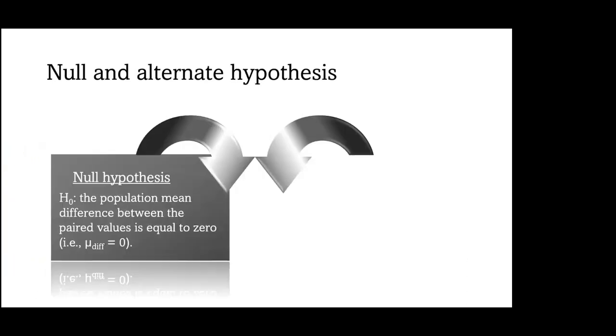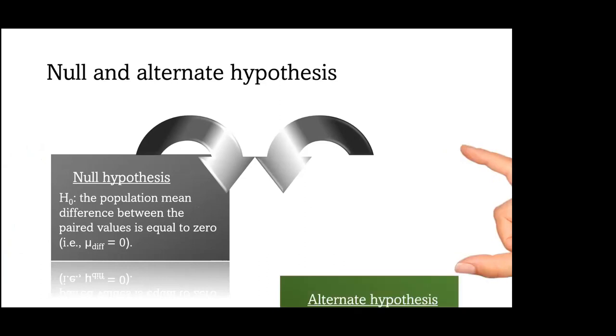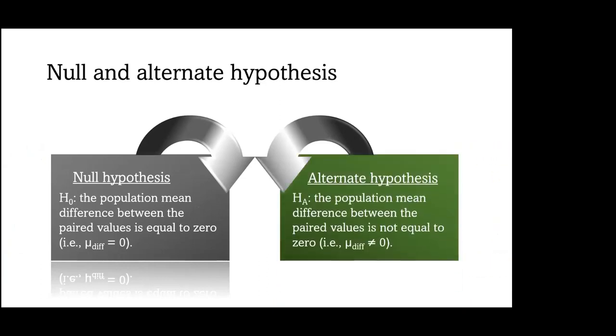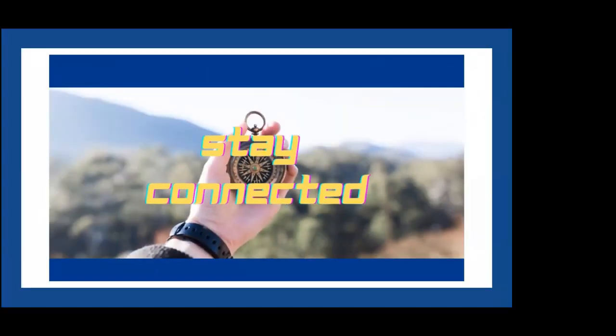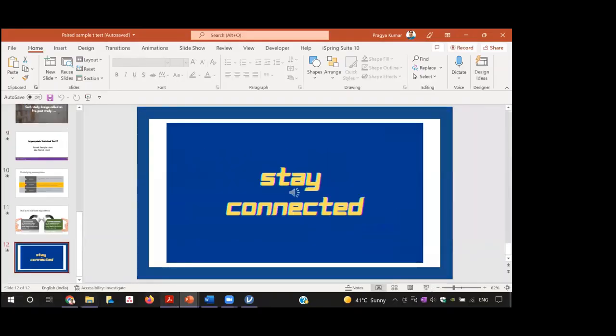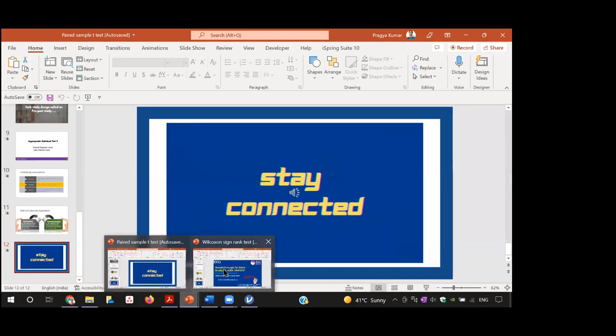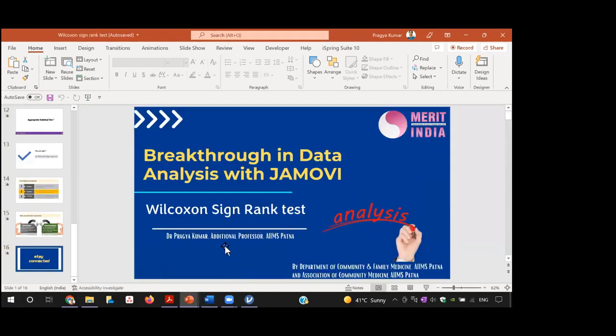So the null hypothesis is that the population mean difference between the paired values is equal to 0. The alternate hypothesis is that the population mean difference between the paired values is not equal to 0. Before I go to the demonstration, we'll quickly see the Wilcoxon signed rank test, because Wilcoxon is the non-parametric counterpart of the paired t-test.